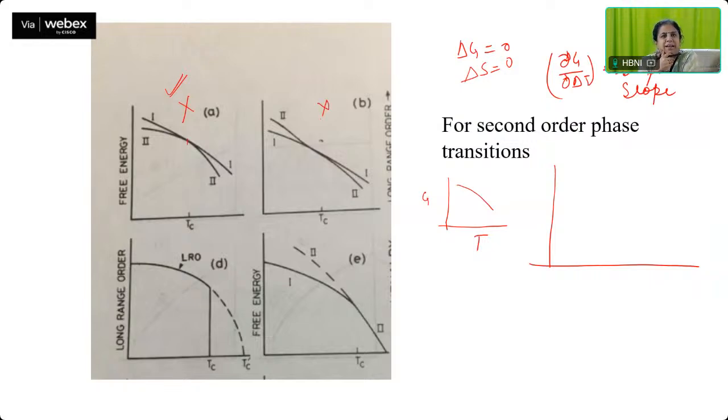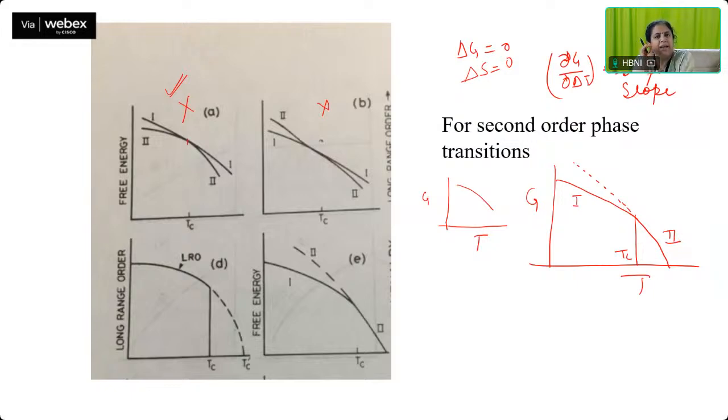That means what I can actually get is something like this. If I want to draw the GT curve for a second order phase transition, I can draw it like this. Okay, so there has to be only a single GT curve. This is TC. This region represents phase 1. This represents phase 2. What does it actually mean?